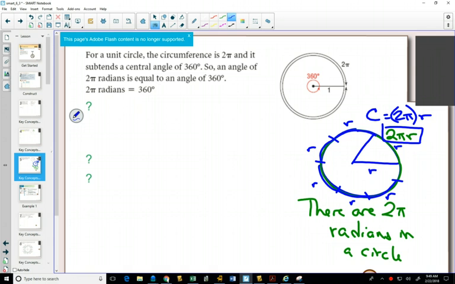If there are 2 pi radians in a circle, that means that 2 pi radians is equal to 360 degrees. 2 pi isn't equal to 360. 2 pi is 6.28, right? But 2 pi radians is equal to 360 degrees.